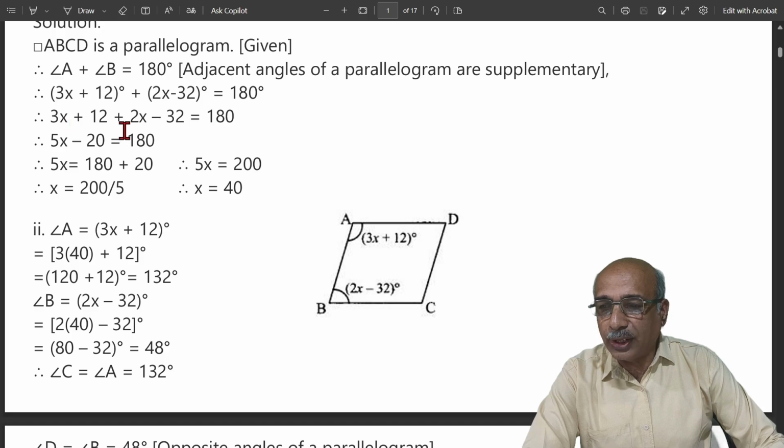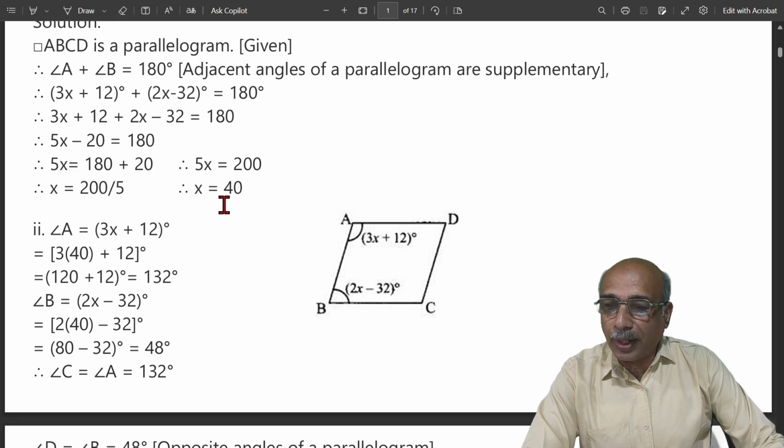When you solve this equation, you will get 5x minus 20 equals 180, and 5x equals 180 plus 20 because minus 20 will go to the other side. Therefore, 5x equals 200, x equals 200 by 5, x equals 40. Simple mathematical calculations. So here the value of x equals 40.